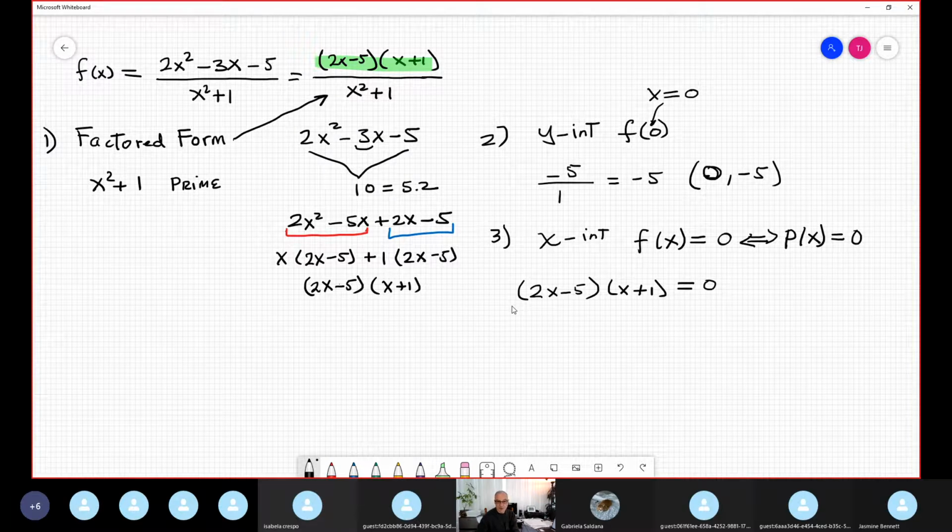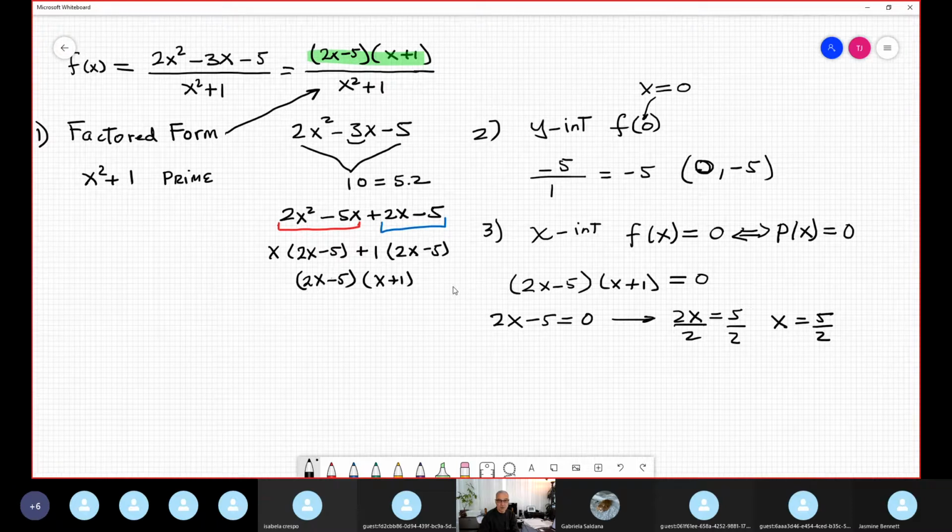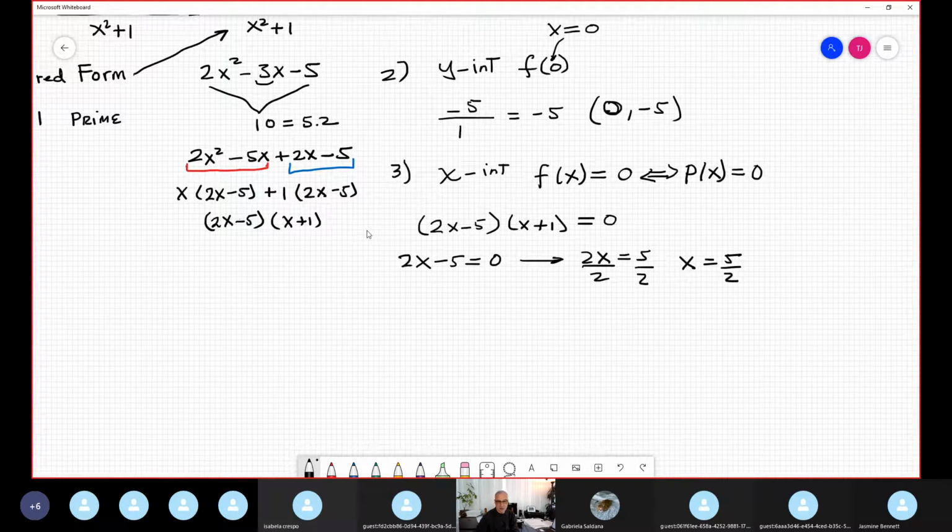I take advantage because this is already factored. You separate: 2x minus 5 equals 0, a linear equation. The solution is 2x equals 5, so x is equal to 5 over 2. Okay, and as a decimal approximation, because when it's a fraction it's better to compare with a decimal, it is 2.5.